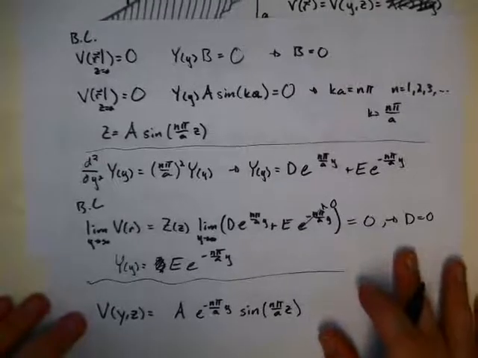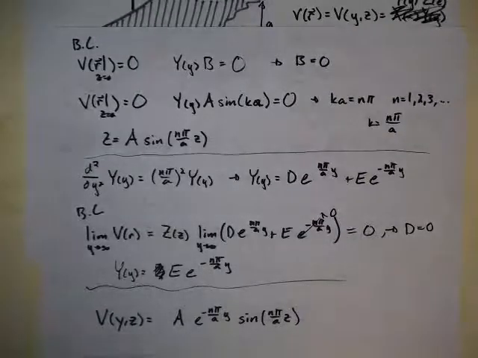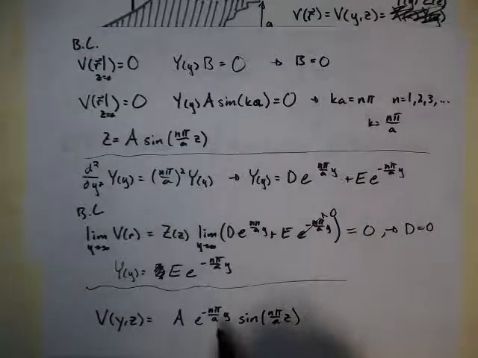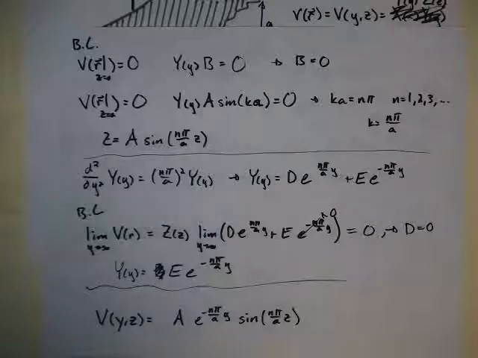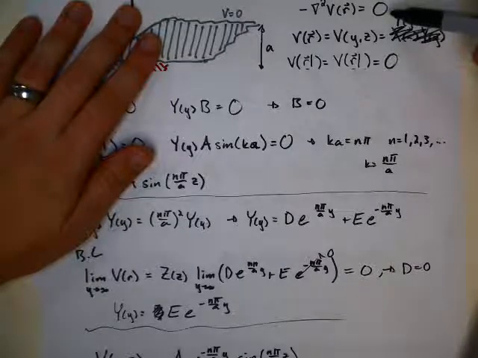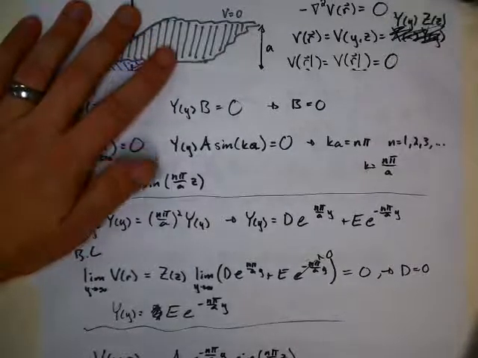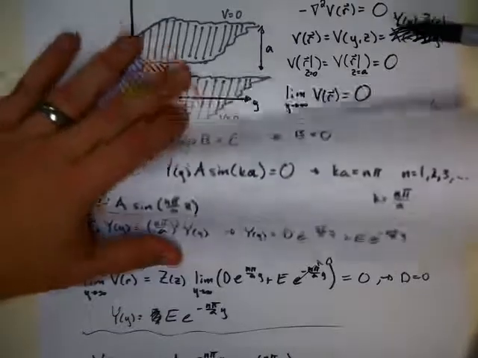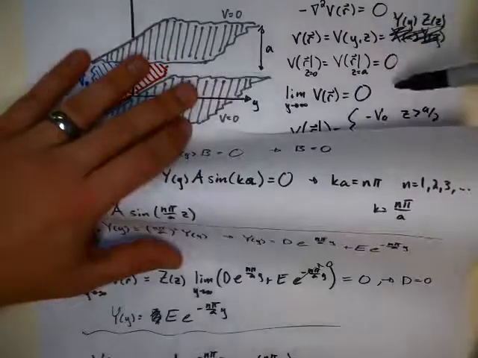Now, the other thing I would like to point out at this point is that this is true for any possible n. These functions, some constant times exponential of minus n pi over a y times the sine of n pi over a z, are a solution to Laplace's equation, which is just off the screen, that also satisfies these first three boundary conditions.